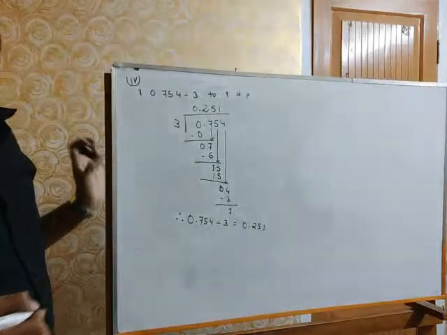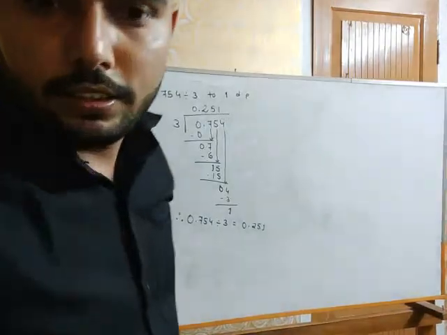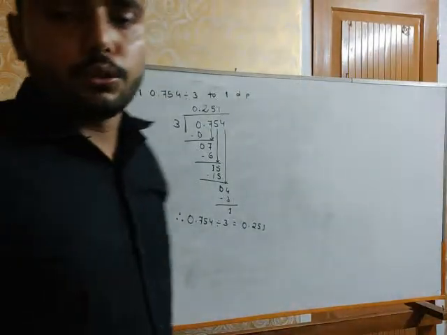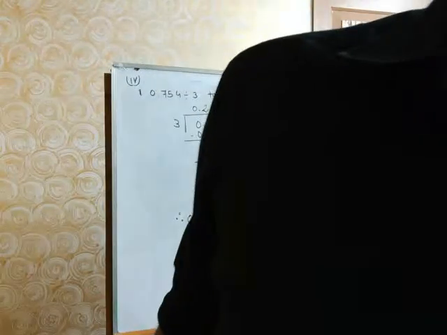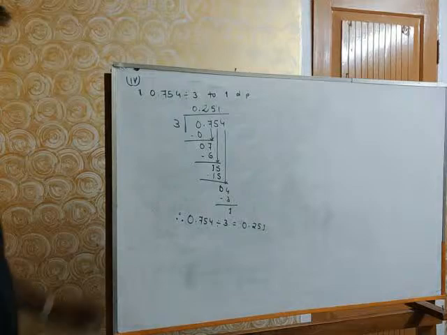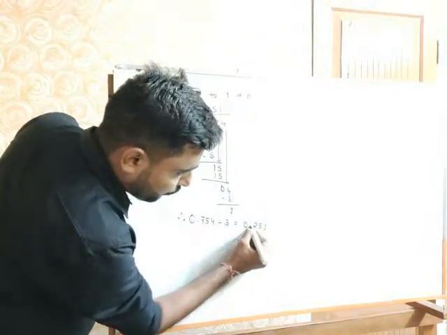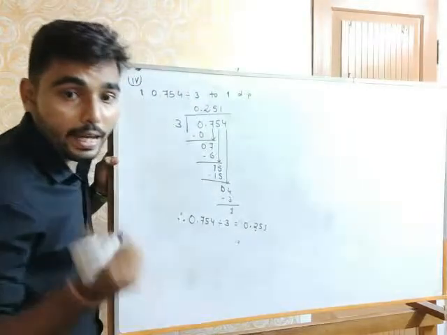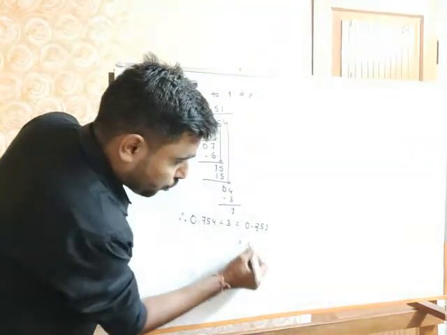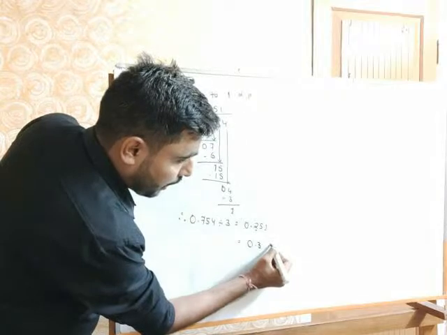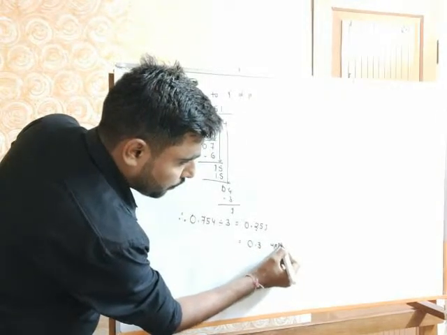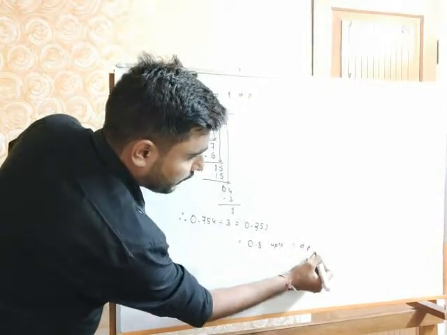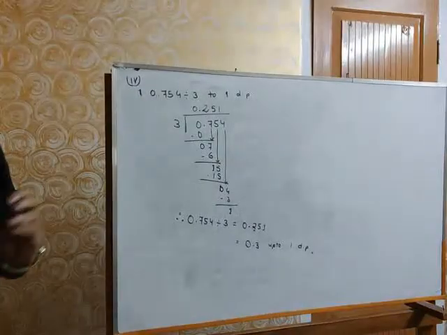But the question asks for 1 decimal place, so we have to round off. After the decimal, the first place is 2, and with 2 what is there? 5. So we have to add one to round off: 2 plus 1 will become 3, up to 1 decimal place. Okay, clear everyone?